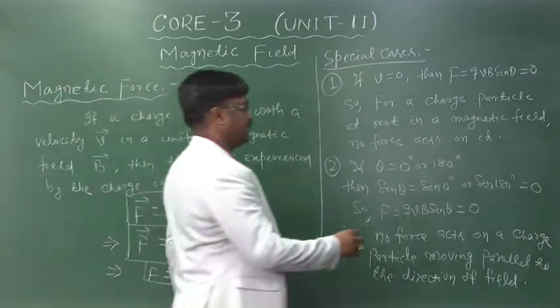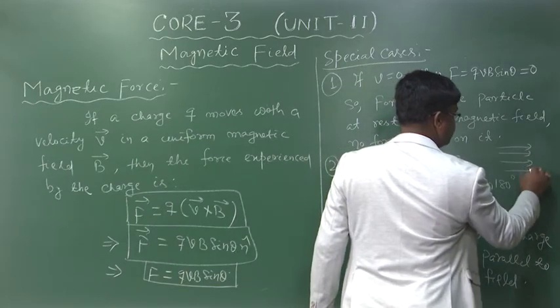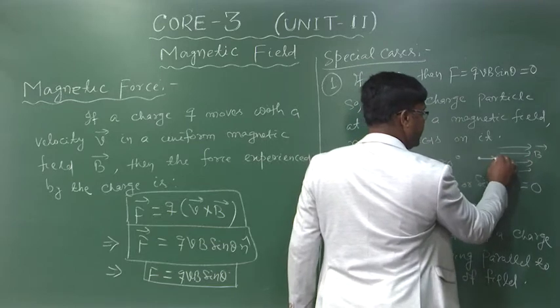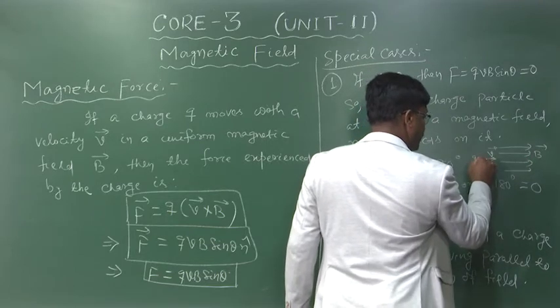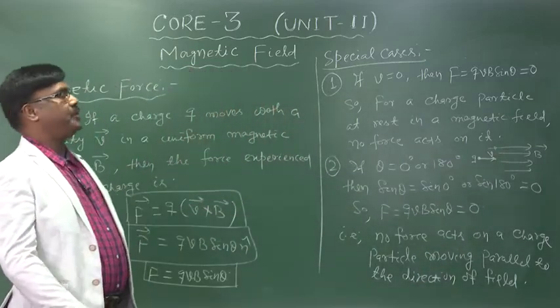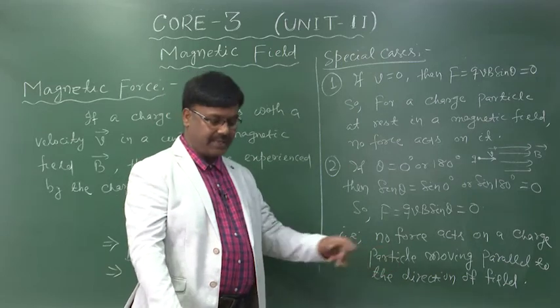That means, if it is the direction of a field and the charged particle is moving with velocity v along that direction or opposite to that, then no force will act on the charged particle.